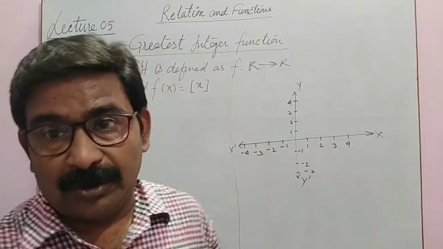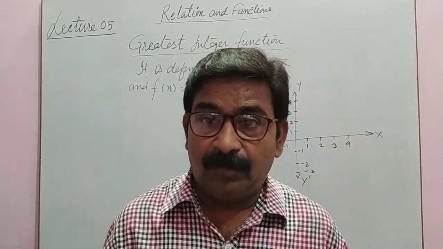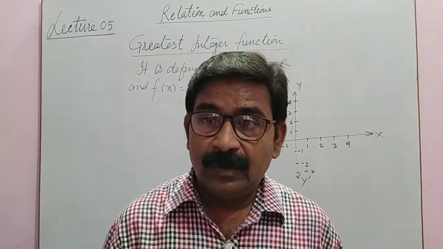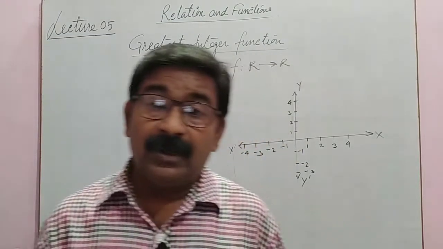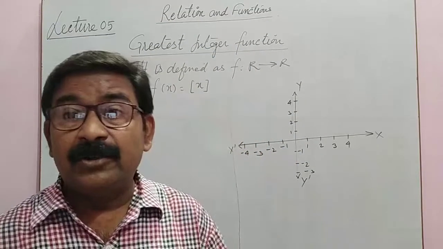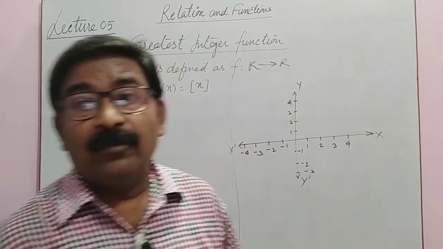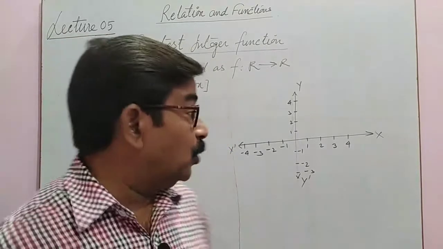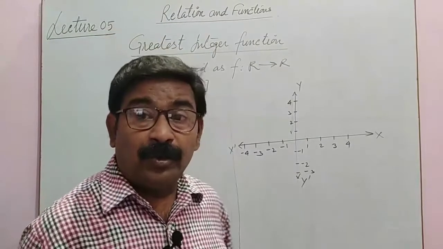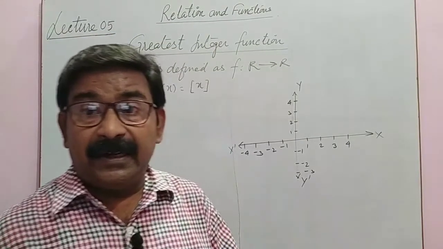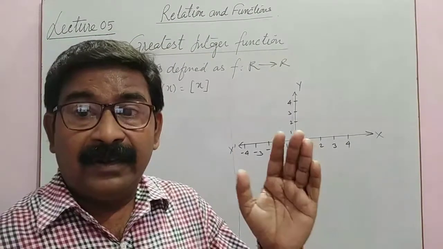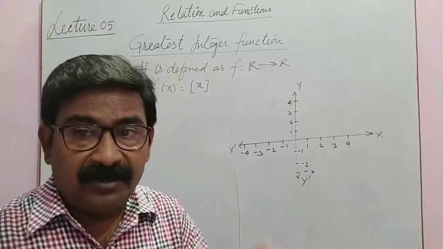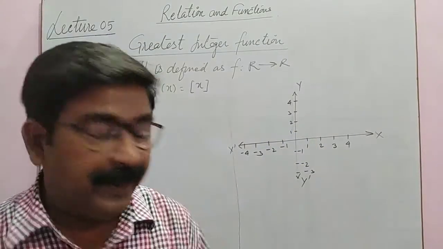If x is equal to 3, it is an integer. If x is equal to 5, it is an integer. Got it? But when x is not an integer, then what is its greatest value? Its greatest value is the integer found on the extreme left of that particular value of x.